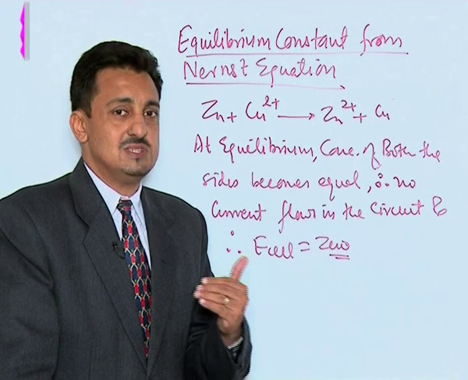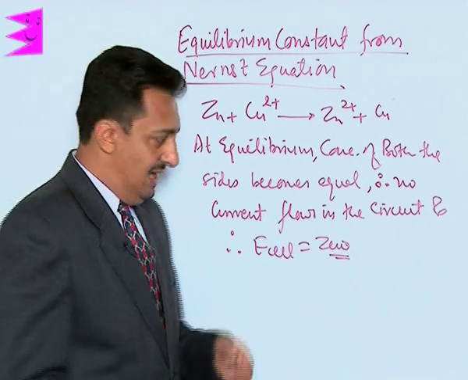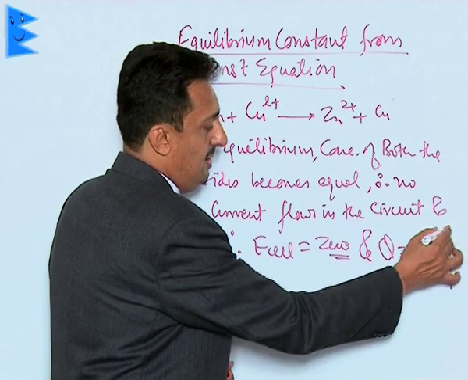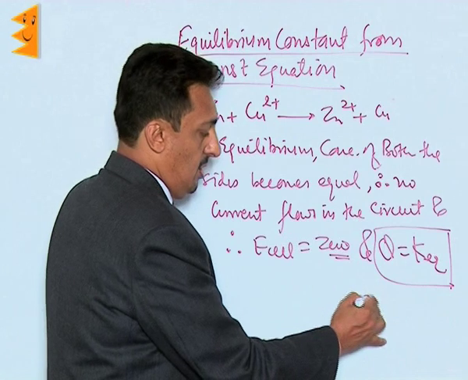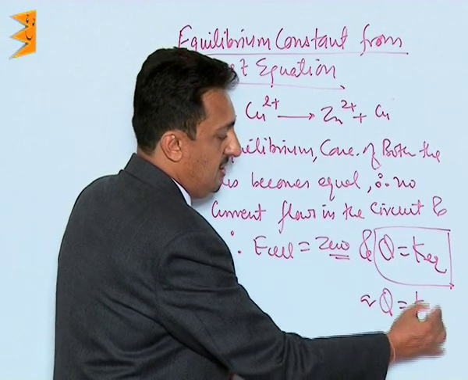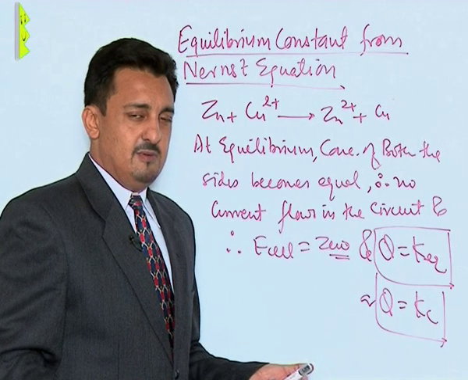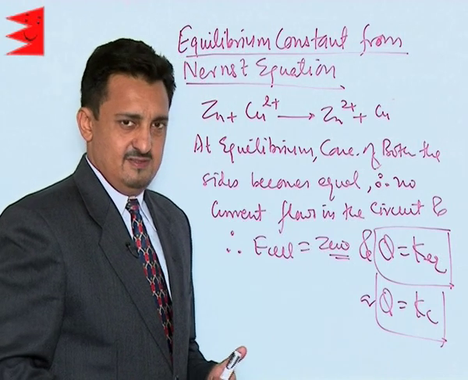So E cell becomes 0 and your reaction quotient becomes equal to your equilibrium constant, or we can write Q becomes equal to Kc, because we represent the equilibrium constant in terms of concentration, Kc.